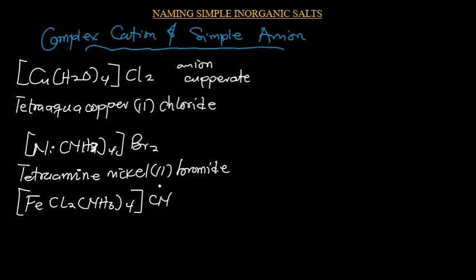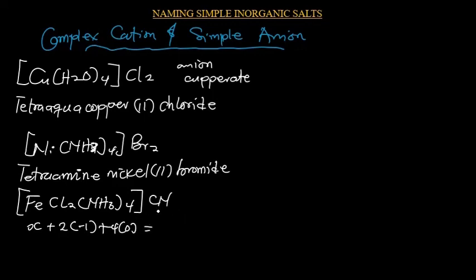Now, again, we have to name the cation first, and we need to know the oxidation state of iron. So iron here is x, and then we have chlorine. Chlorine has a charge of -1, so we have 2 of -1. Ammonia is neutral, and we have 4 of that, so 4 times 0.